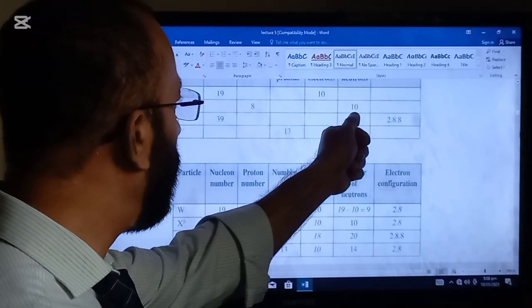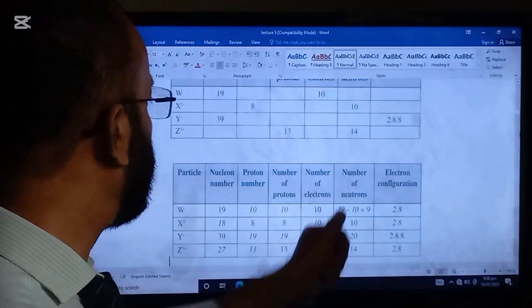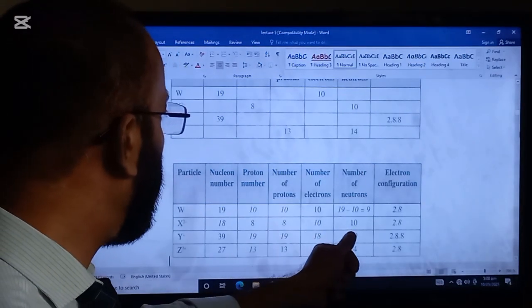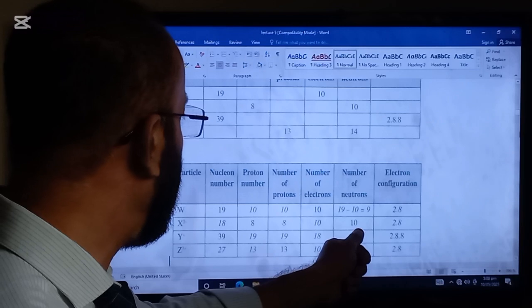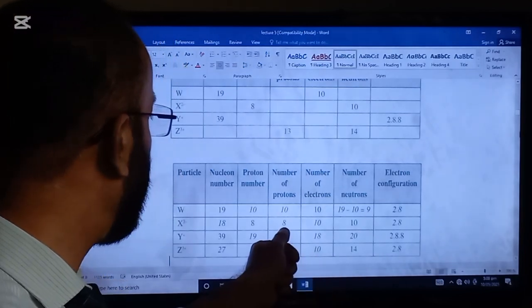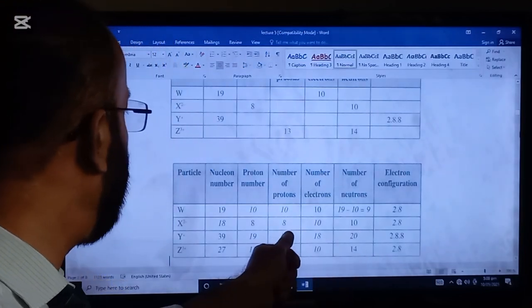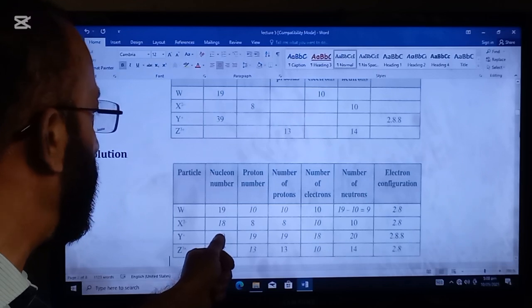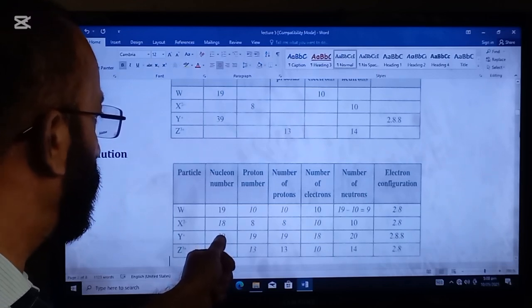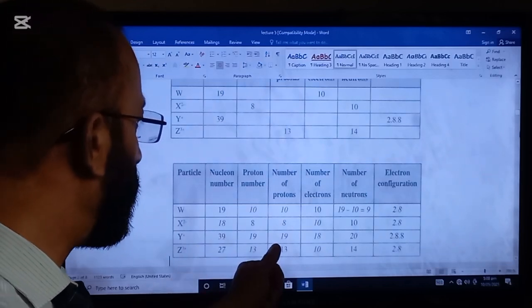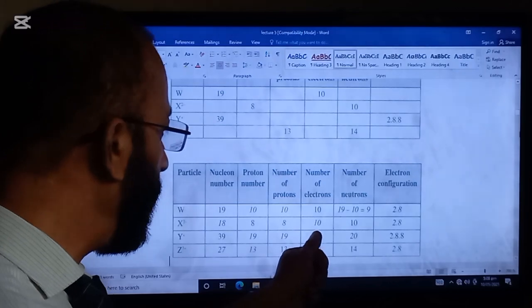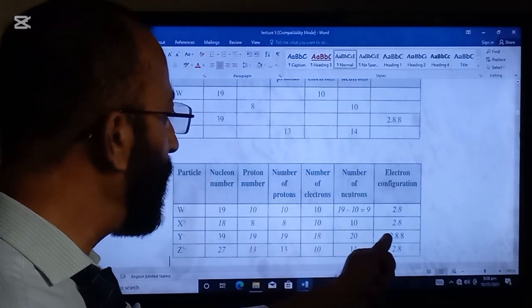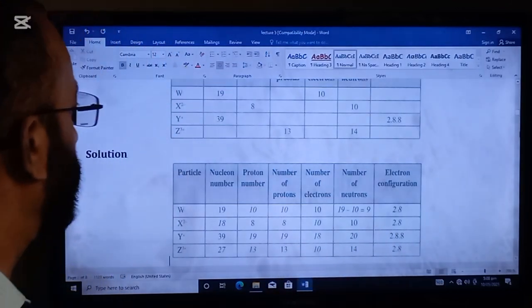Neutrons are also already given, that is 10. So protons plus neutrons, neutrons 10 and protons 8, so 8 plus 10 will be equal to nucleon number, that is 18. And electrons are actually 10 now. So electron configuration will be 2,8.